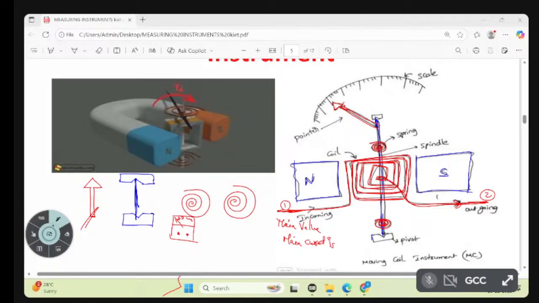Here we know a conductor carries the current. Motor principle తెలుసు కదా, a current carrying conductor placed in a magnetic field experiences a force.